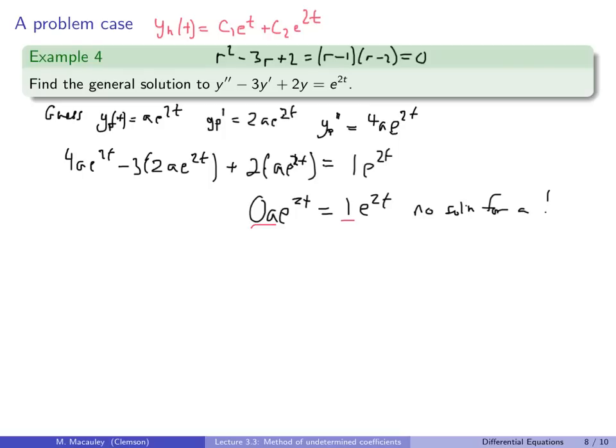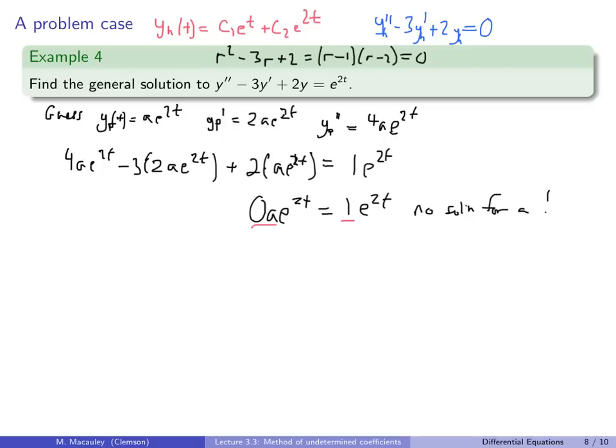Okay, so first of all, why did that happen? Well, here's why. This forcing term, e to the 2t, actually solves the original homogeneous equation. In other words, e to the 2t solves y double prime minus 3y prime plus 2y equals 0.